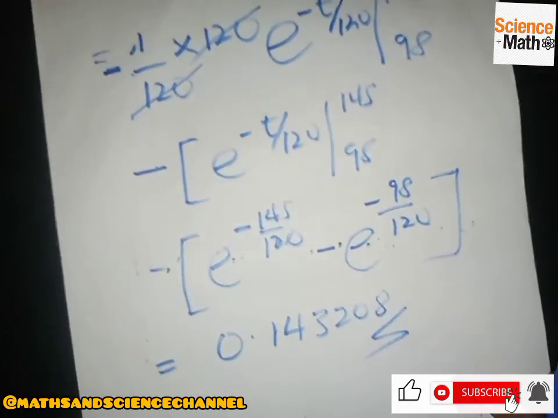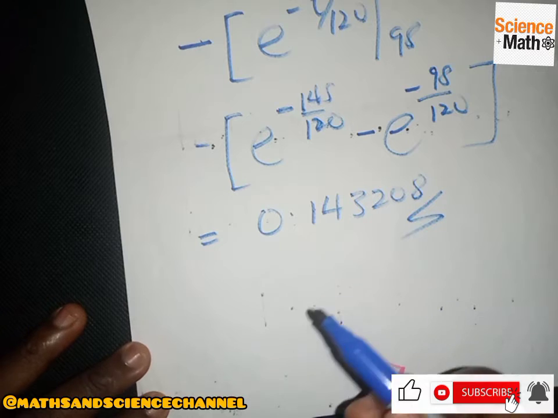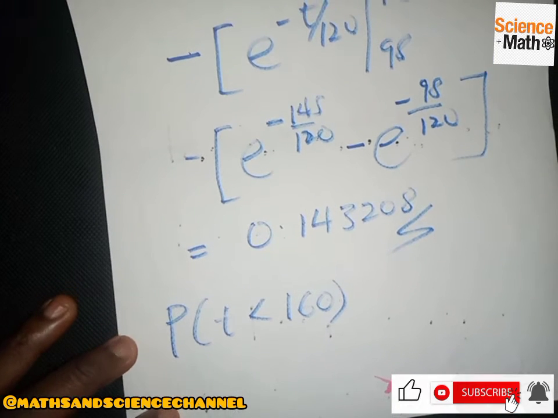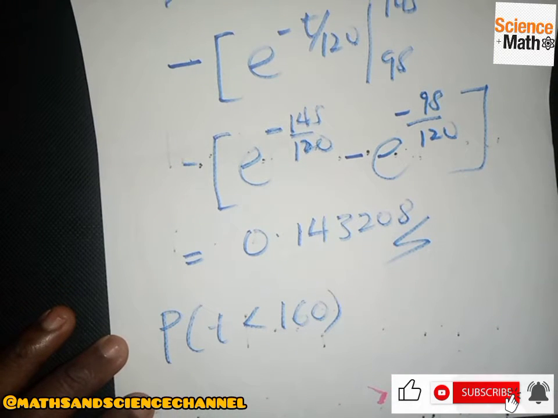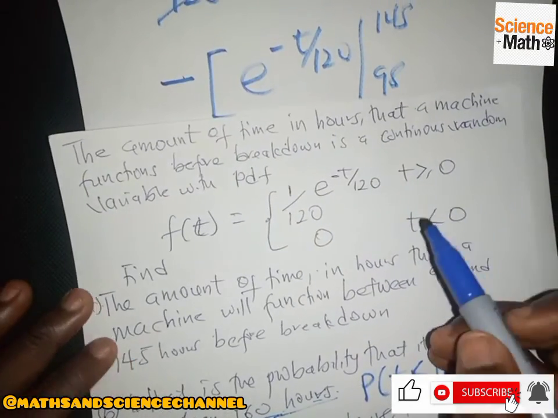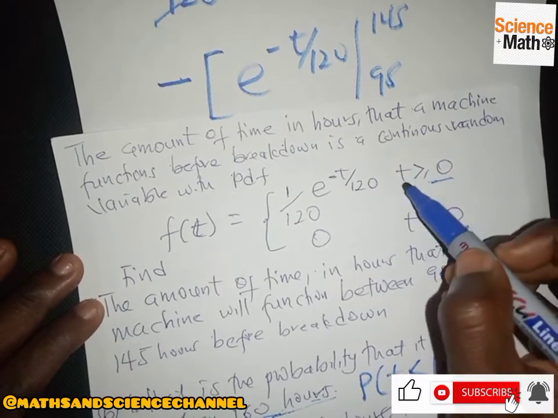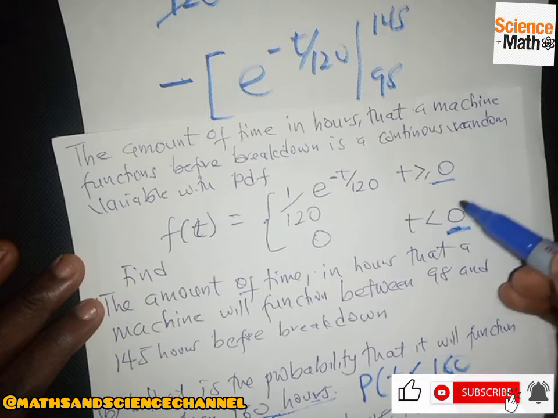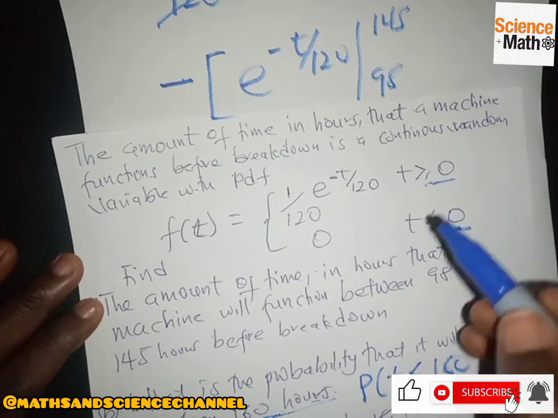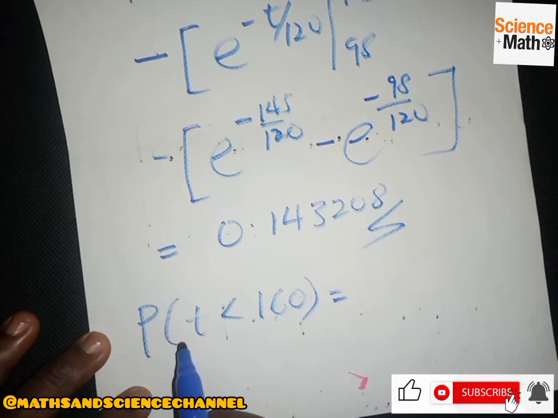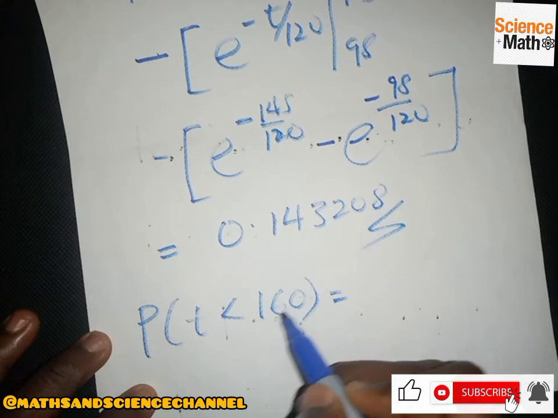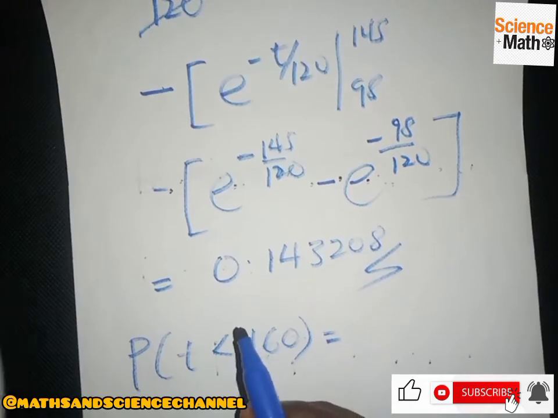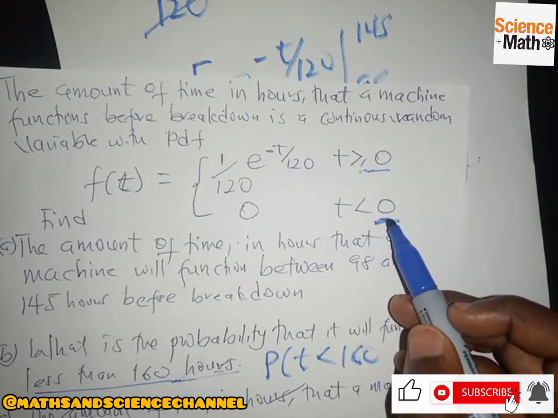Remember again that the boundary condition from the general function is that t is less than 0 gives 0, and t greater than or equal to 0 is the given function. So because we should find the probability that t is less than 160, 160 becomes the upper limit, and the general condition we are given, which is 0, becomes the lower limit.